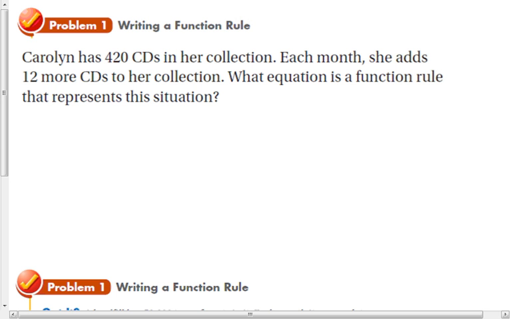So we're going to use C to represent the number of CDs. And then in parentheses, in place of Y, I'm going to put an N where N is the number of months that she's been buying CDs.